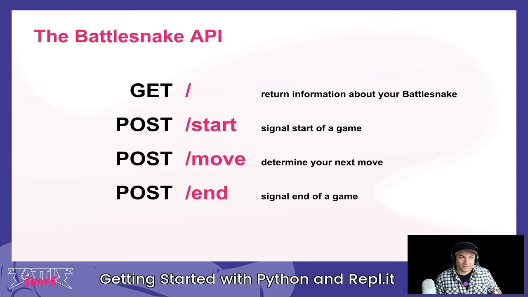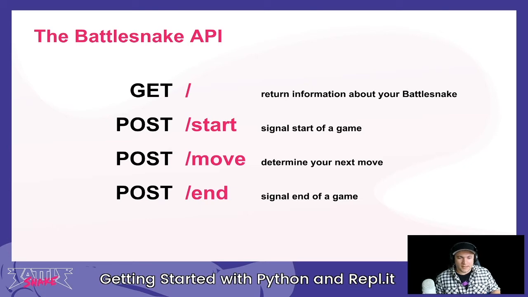You'll implement your logic to make a decision on which way you want to move, and your Battlesnake will return a direction of up, down, left, or right. I'll get into a better example of that, but that's where the majority of your logic is going to be.